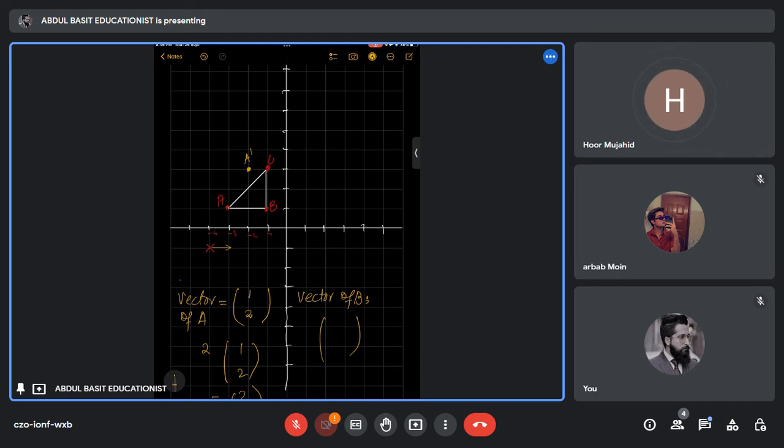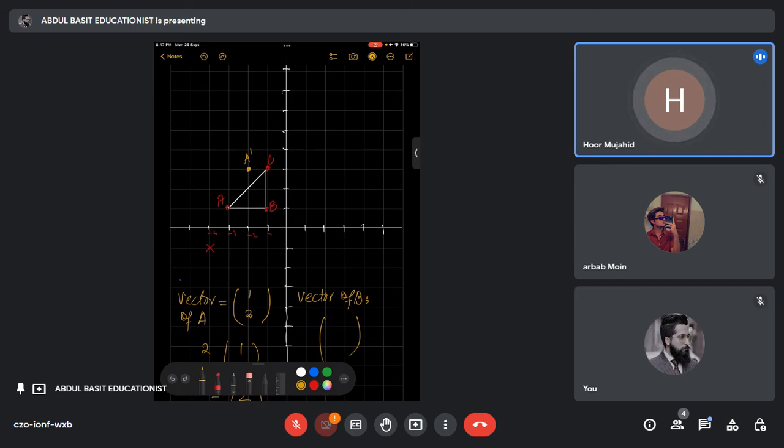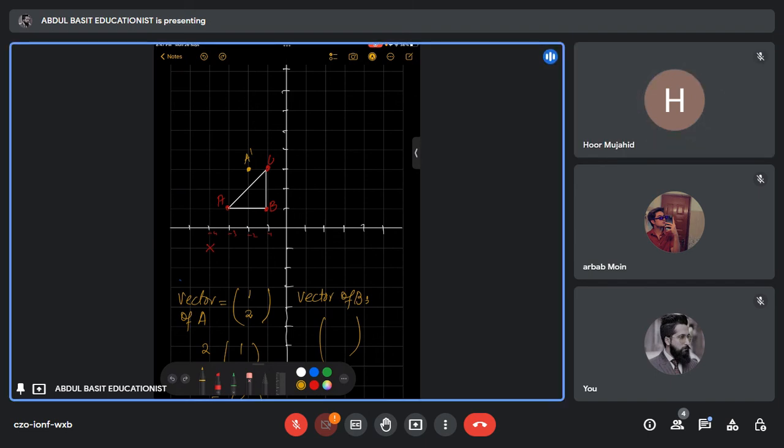How much right? Four. If I go 4 right, 1 2 3 4, we will reach here, so we have to stop at 3. Agree? So 3 towards right and then I have to go up because B is here. So 3 towards right and 2 up.